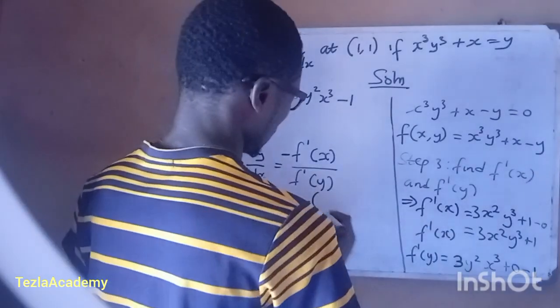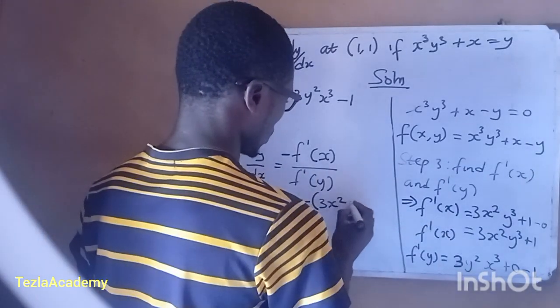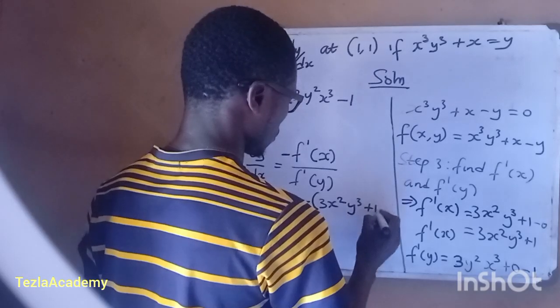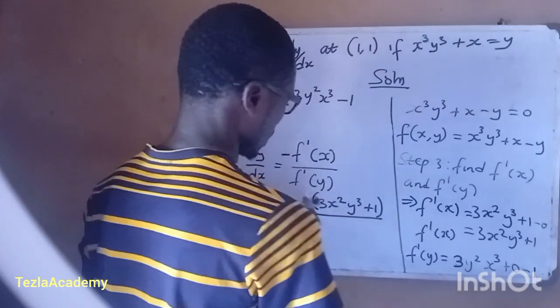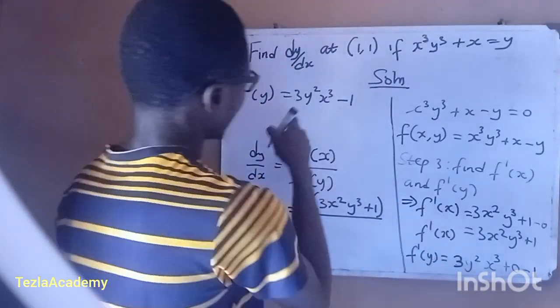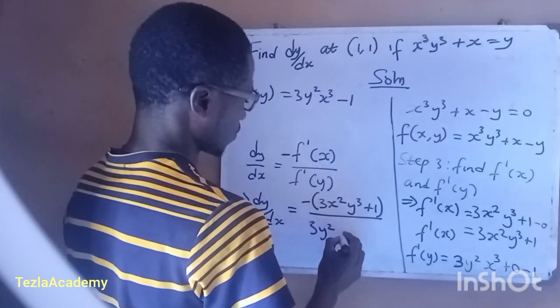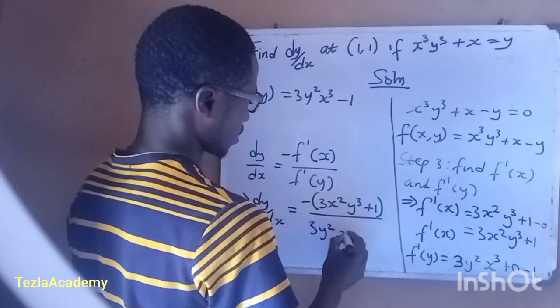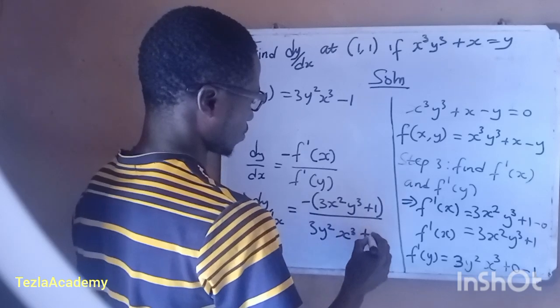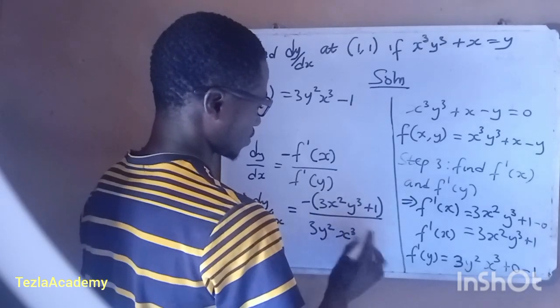See it here, 3s squared y cubed plus 1, all over f prime of y, that's this one here now, 3y squared s cubed minus 1.